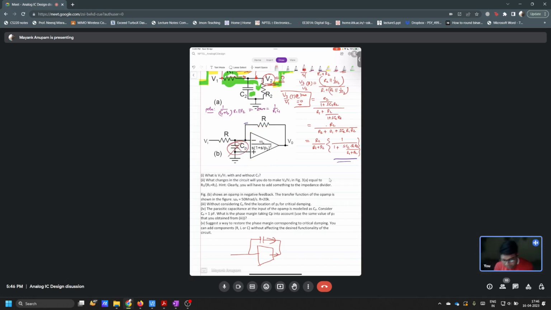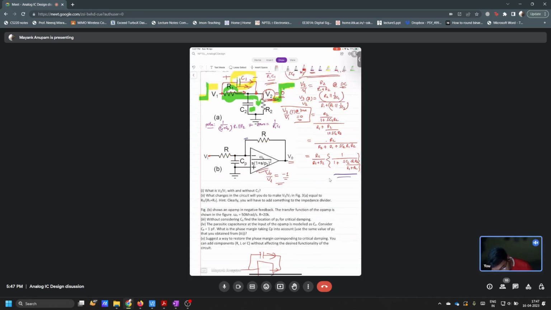So without this capacitor, this R and this R, this is basically a unity gain thing, right? This op amp, let's assume that this is a very high gain, and without this capacitor CP, what will be the response, V out by Vi? It is minus 1, right? Yes, sir. Is that understood?